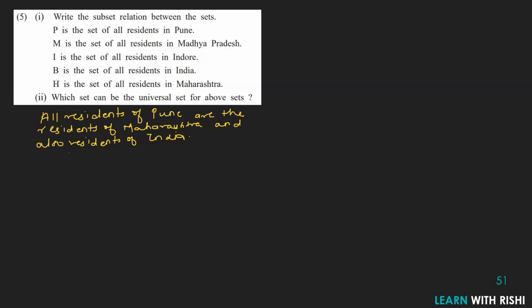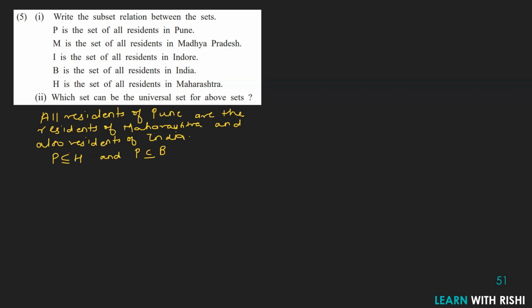So we can write Pune is a subset of Maharashtra and India. For Pune, they have given us the set P. So P is a subset of residents in Maharashtra, that is set H, and P is a subset of set B, which are residents living in India. So these are our 2 relations.